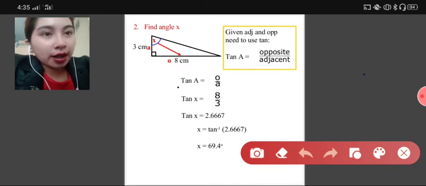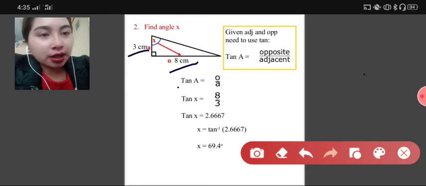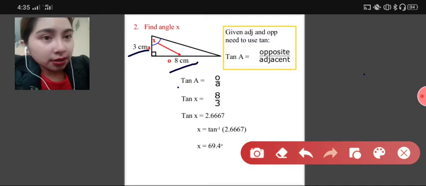Given yung opposite natin, which is the 3 cm, and the adjacent natin is 8 cm. So, opposite over adjacent, 8 over 3.